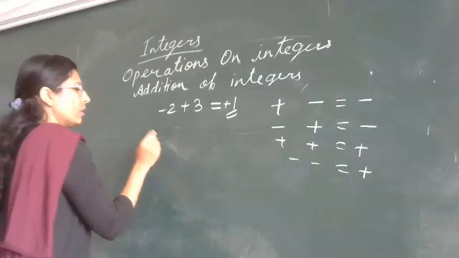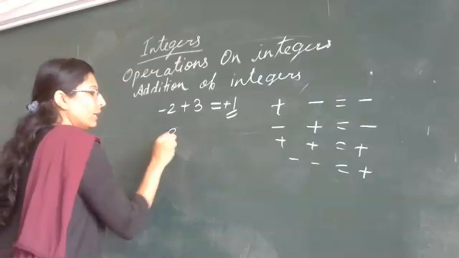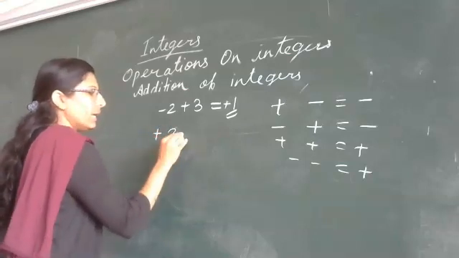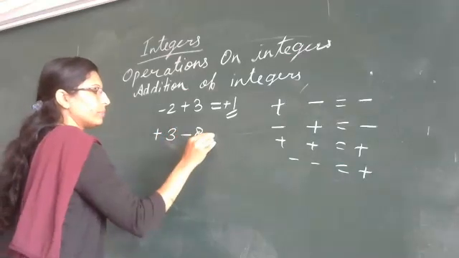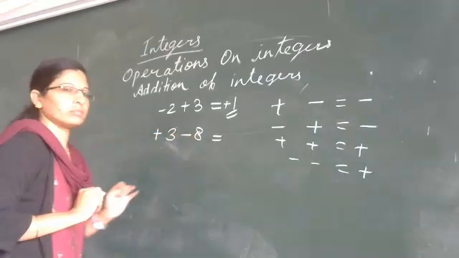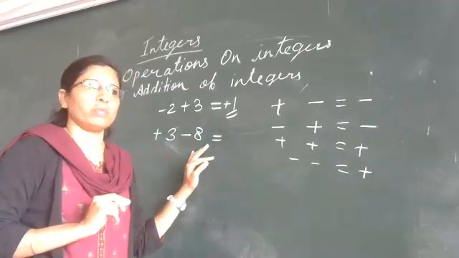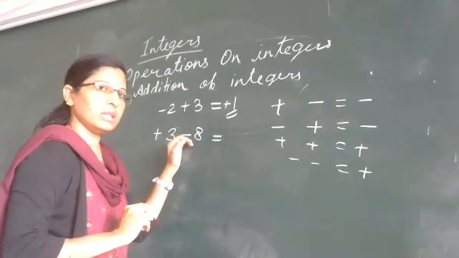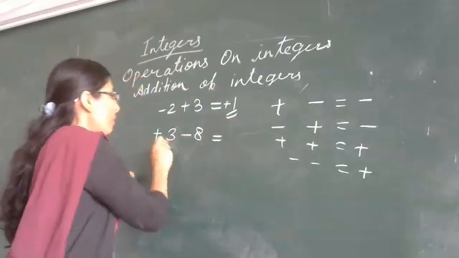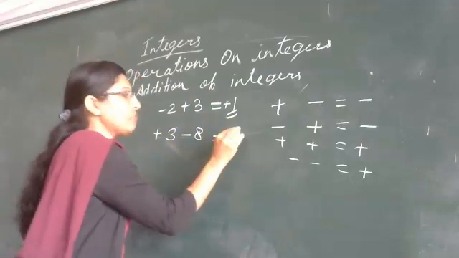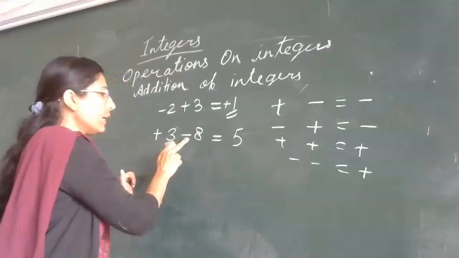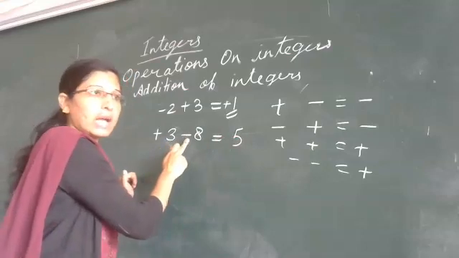Now if it is 3 plus minus 8. Plus 3 minus 8. So plus minus is there, which means 5 will come, and the greater number is having minus sign.